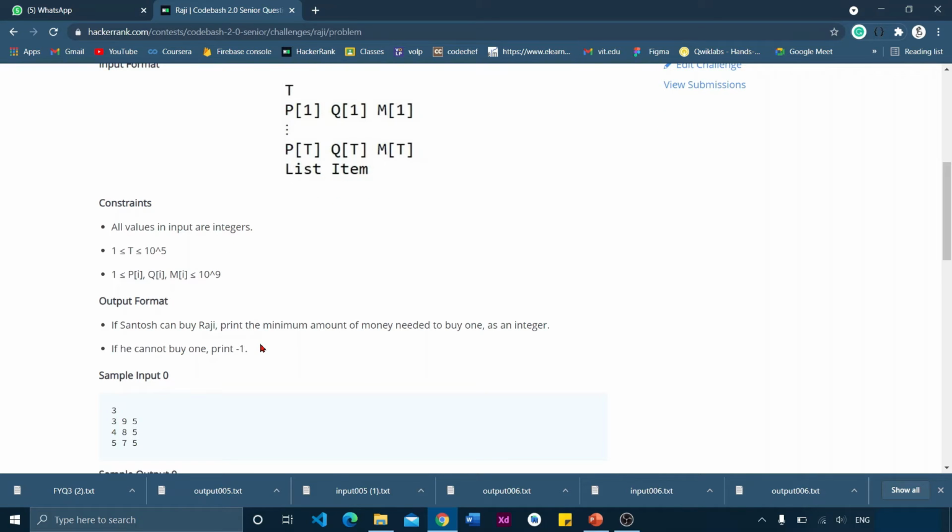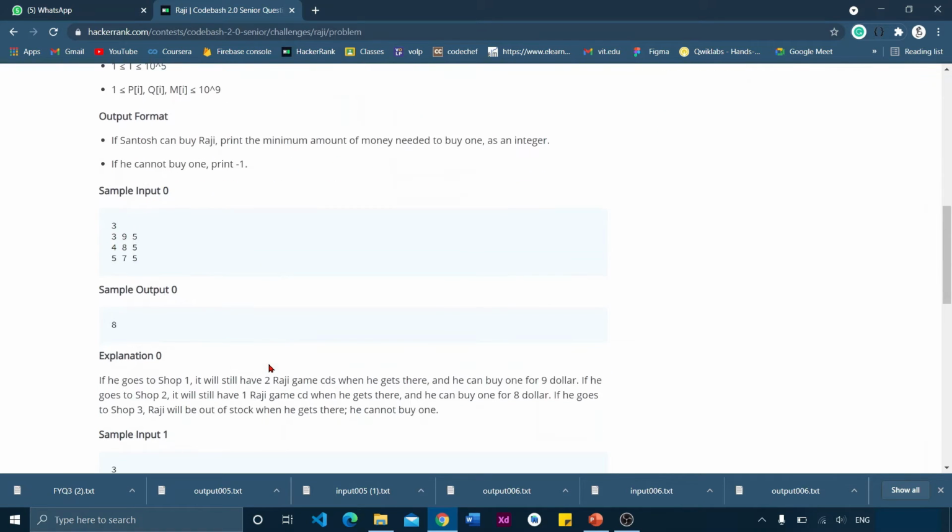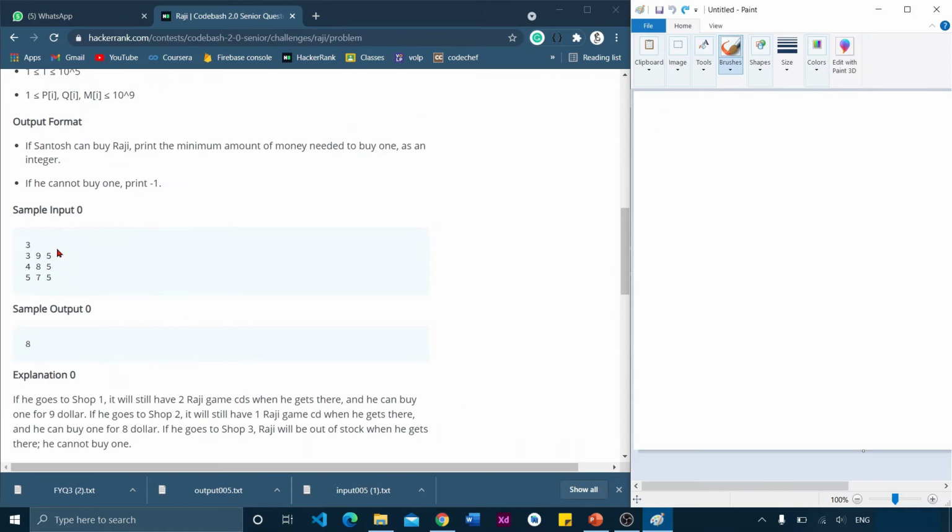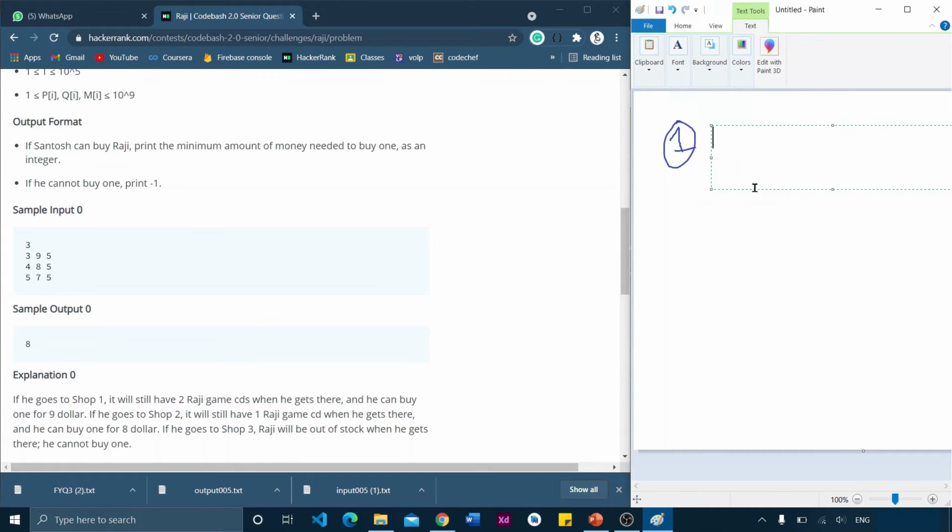Let us have a look at sample input 0. The first line says that there are 3 shops in total. For the first shop we have Pi equals 3, then Qi equals 9 and Mi equals 5.